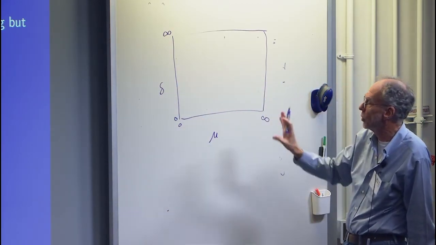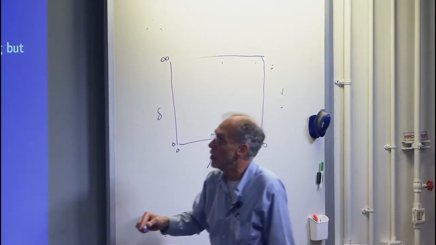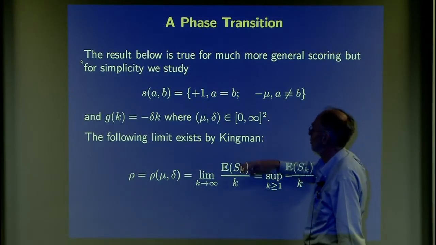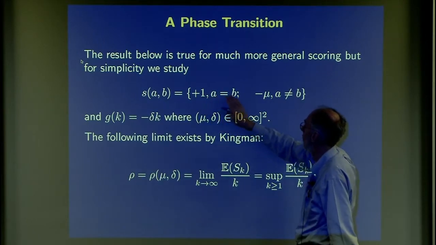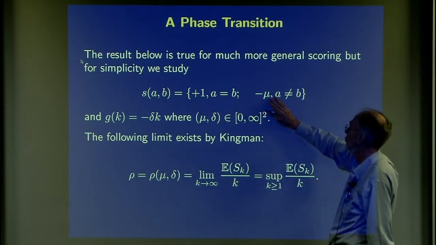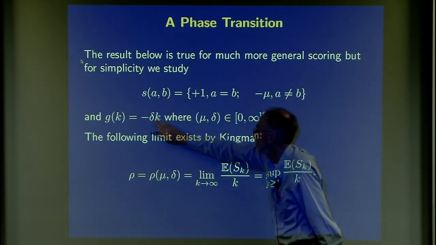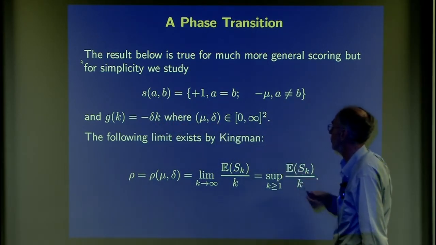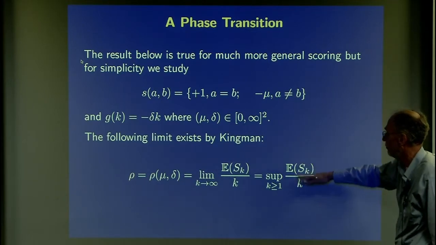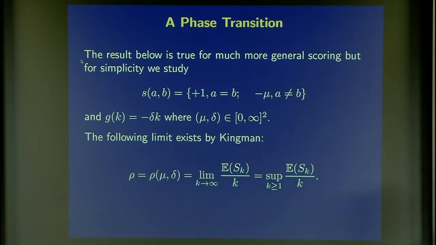So in this local alignment scheme, we're going to do local alignment, we're going to count +1 when the letters are equal, we're going to subtract a positive number when they're not equal, and we'll subtract delta when there's a space that goes in. And we, of course, have the Kingman limit.